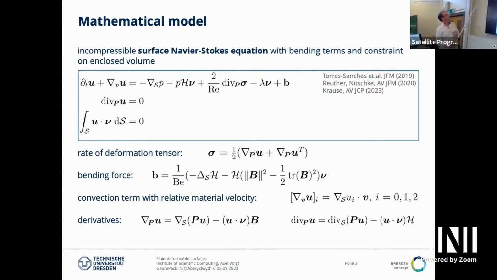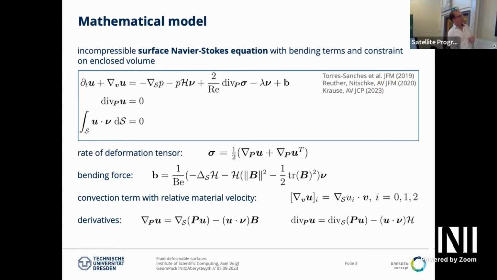For scalar quantities like here, that's the surface gradient, covariant derivative, if you like. For vector quantities, one has to think a bit more. There's not only one operator, there are various. And here, what we take is the surface gradient defined in this form.